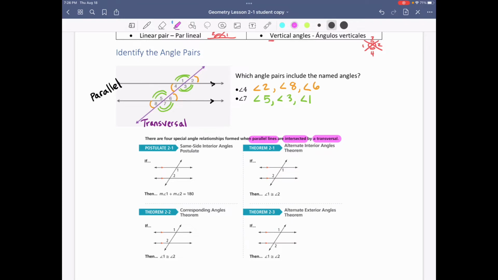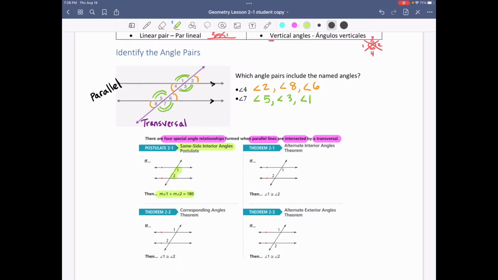And then there are these 4 special angle relationships that happen. All right, so the first one that we have is same side interior, and that would be the 1 and the 2. The relationship here is that angles 1 and 2 add up to 180.